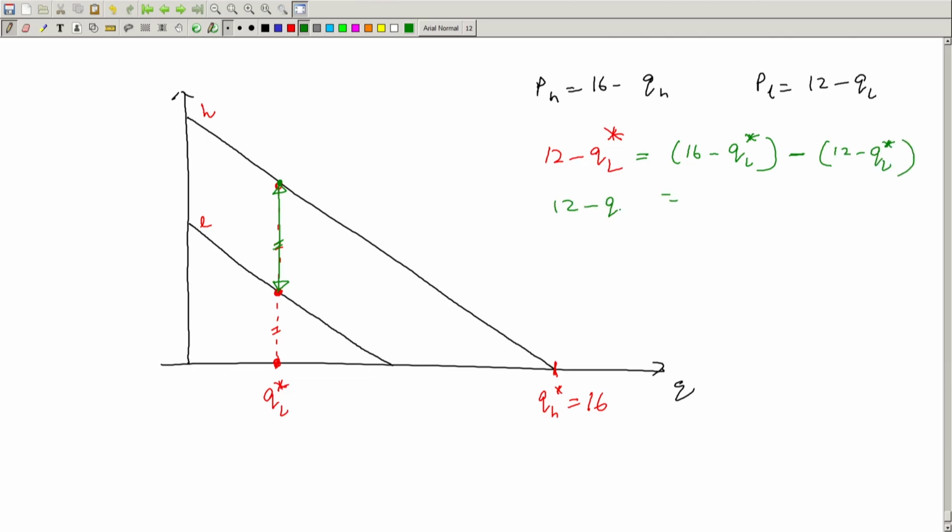So, 12 minus QL star equals 4, 16 minus 12. I have a minus QL star plus QL star, so that vanishes. So, essentially QL star is going to be equal to 12 minus 4, which is equal to 8, right. So, this was 12. So, you offer a much lower quality to the L type.